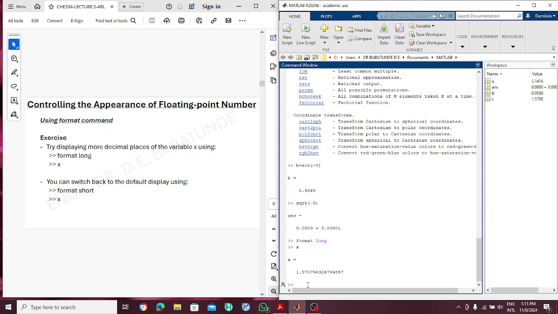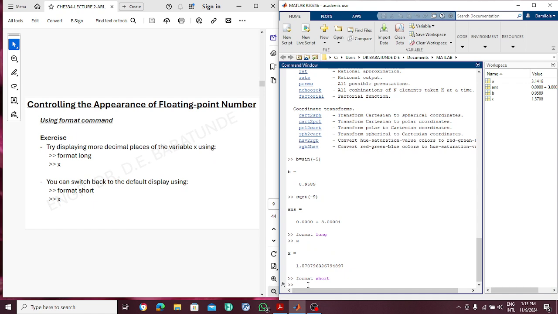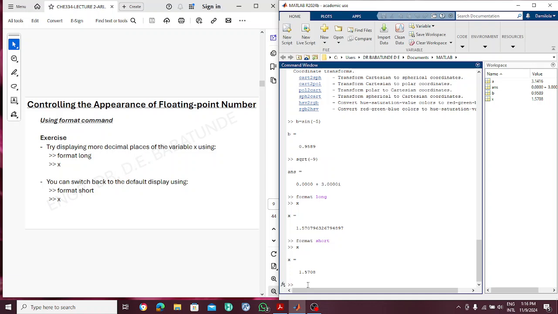So if I want to move away from format long back to the default, then I have to type format short to return to what it was. Now that I'm in format short mode, if I get the value of x again, it's going to be in 4 decimal places like it was before.